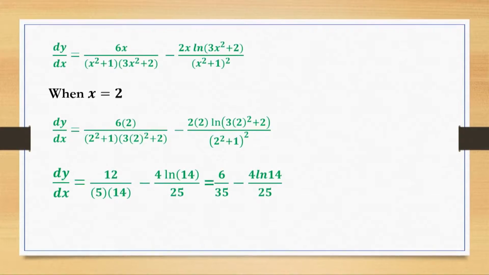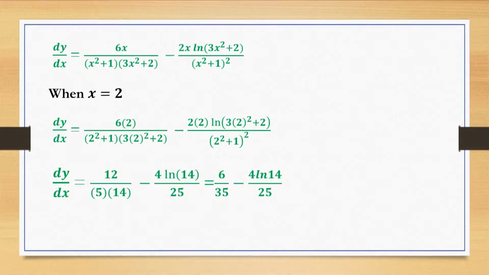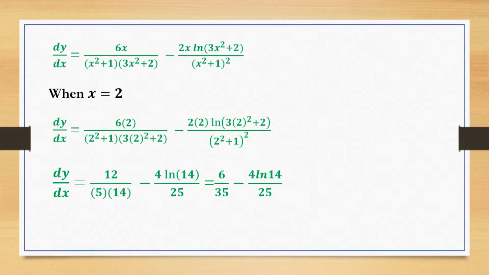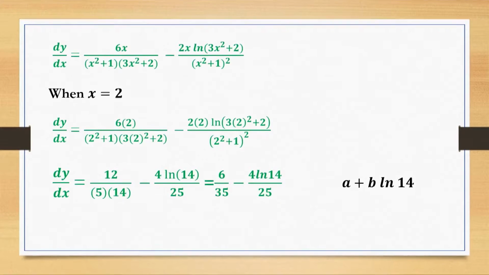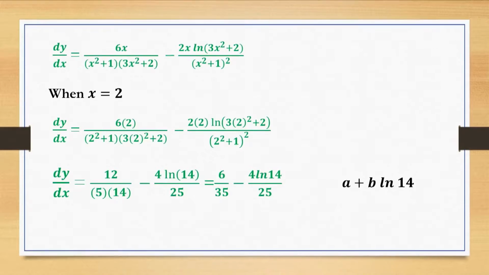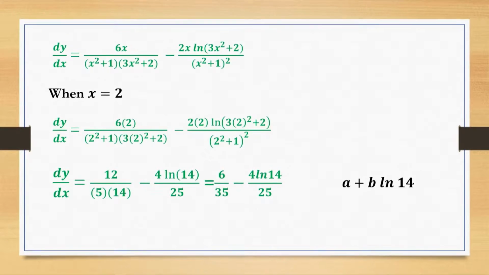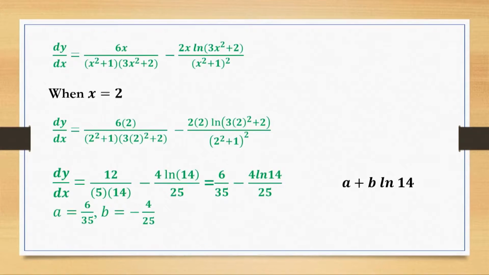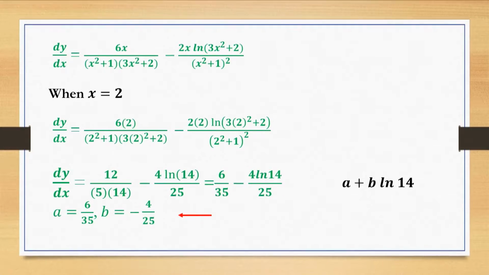And I simplify to get 6 over 35 minus 4 ln 14 over 25. And we were asked to write dy by dx in this form, a plus b ln 14. So comparing my answer to a plus b ln 14, I will get a equal to 6 over 35 and b will be equal to minus 4 over 25.